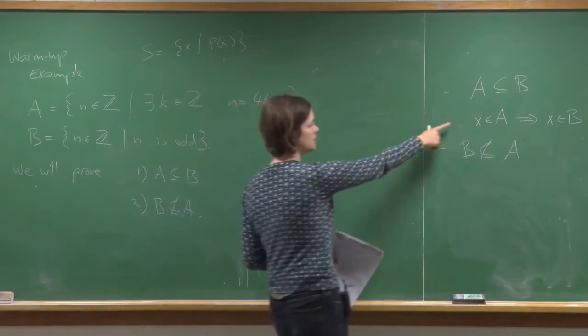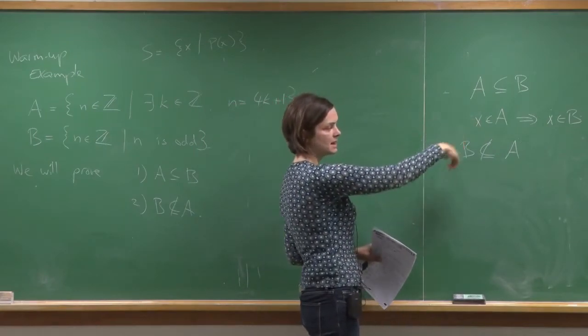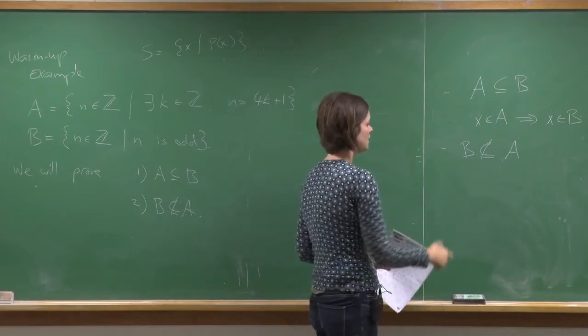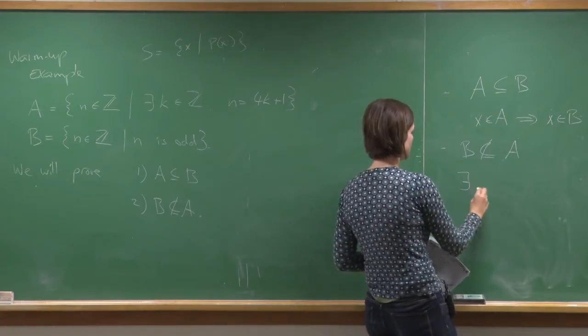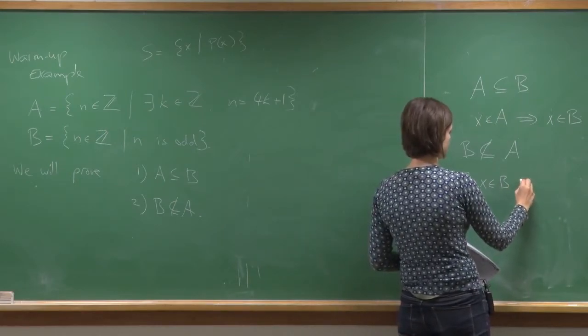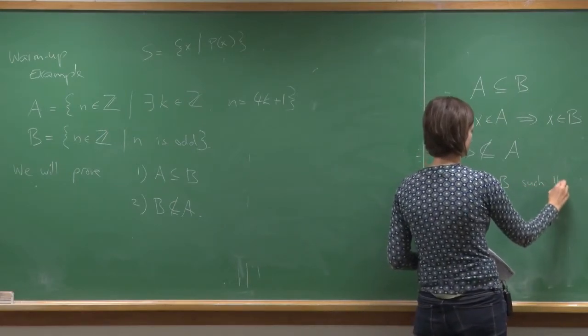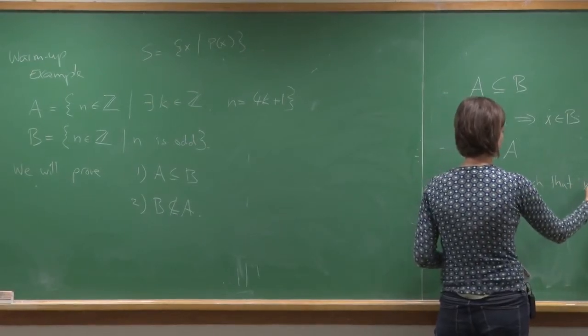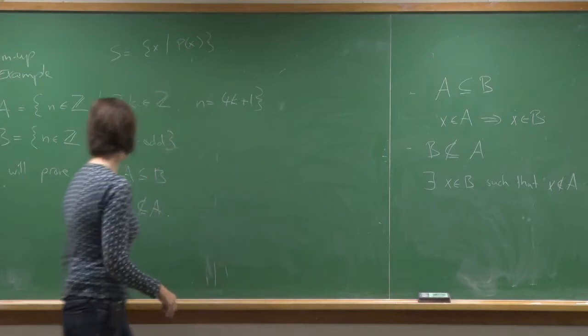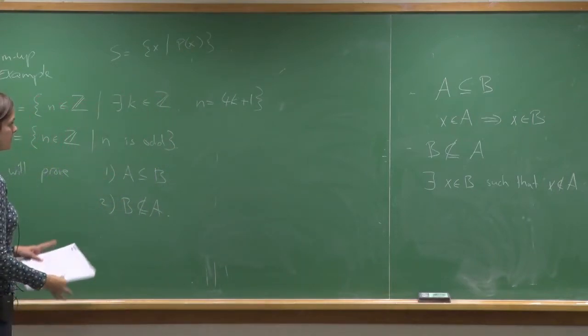For example, here, just giving an example of some element that's in A and also in B doesn't really tell us that much. It doesn't really prove anything. But here, we just need to prove that there exists some x in B such that x is not in A. So those are the things that we need to do to prove these things.